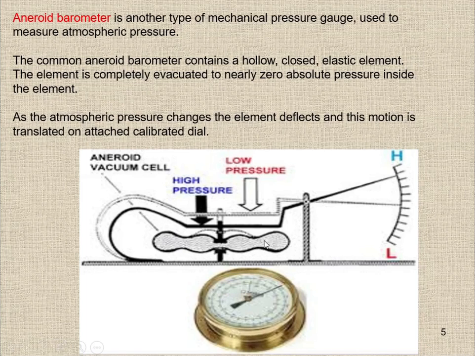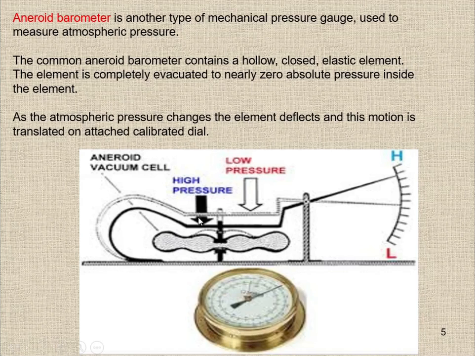What happens when the atmospheric pressure is high? It compresses the element, and its dial goes up. When the atmospheric pressure is low, it releases, it expands, and the dial goes down.